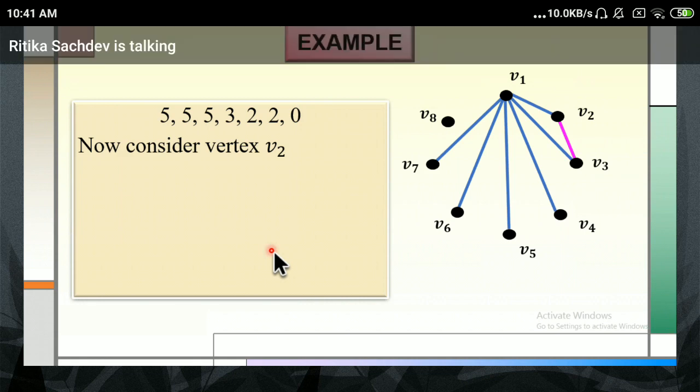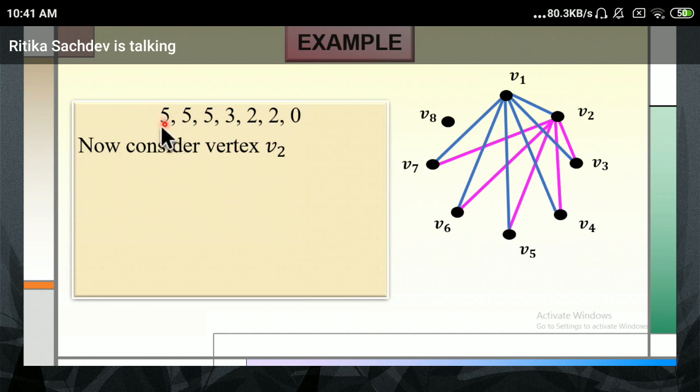Can you see now V2 is connected to V3, V2 is connected to V4, V2 is connected to V5, V2 is connected to V6, and V2 is connected to V7. So once we have considered the vertex V2, we were supposed to draw 5 more edges.